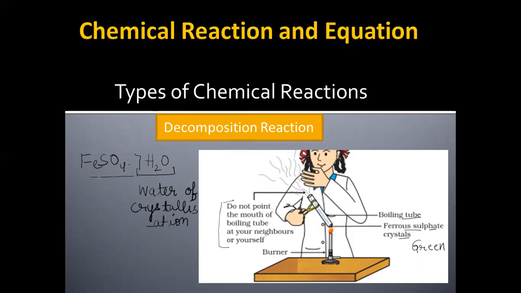What will happen when these crystals are heated? The symbol for heating can also be represented with the help of a triangle. So rather than writing heat, you can also represent it with the symbol. Then what will happen? There is formation of FeSO4, and water gets released from these crystals. Initially the crystals were green.